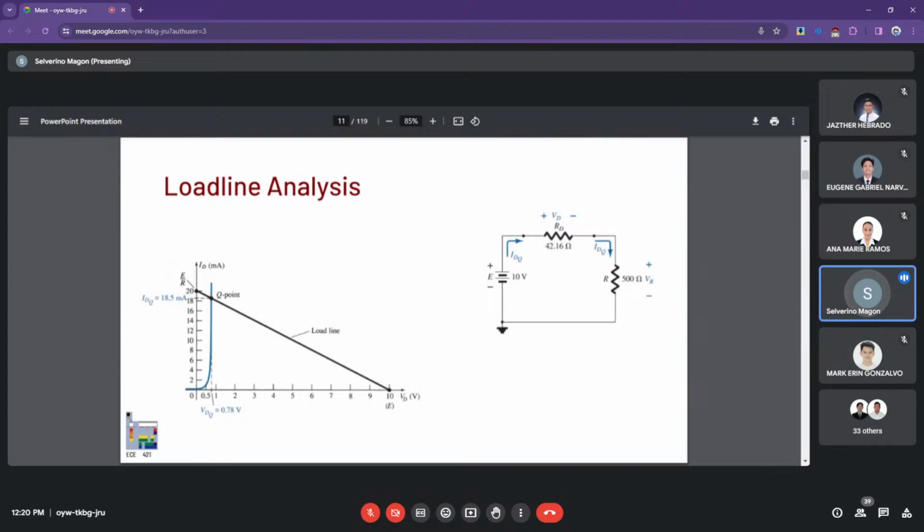Right, so similarly, we've come up with the resistance values at 40 ohms, and that is if we obtain the slope of this load line here.